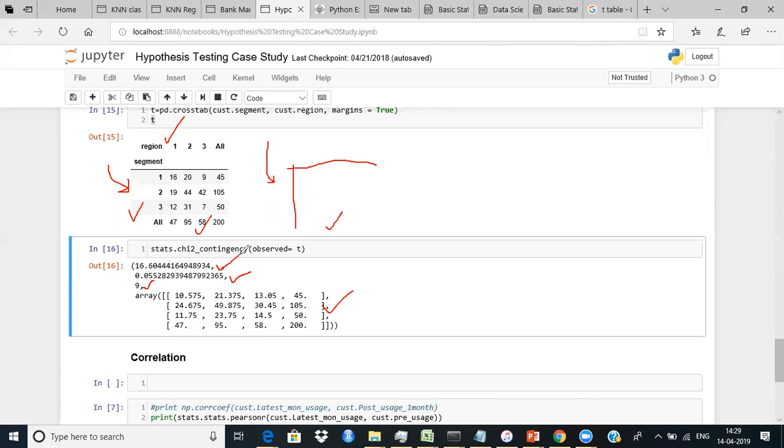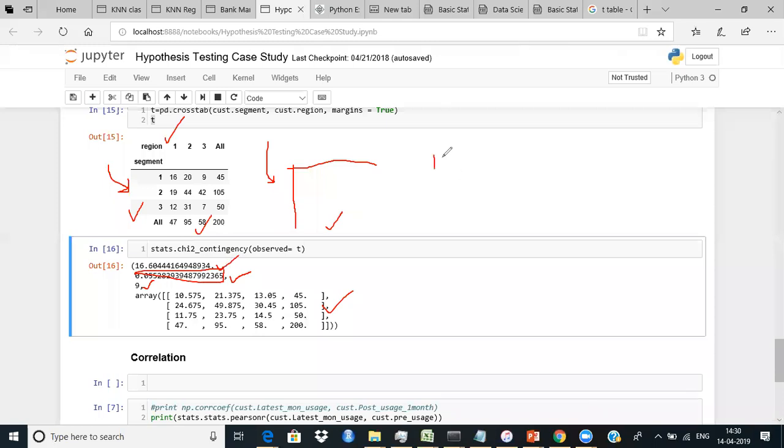Make sense? Now, the only thing that we are interested in is this p-value.